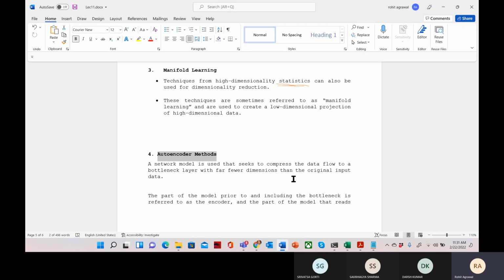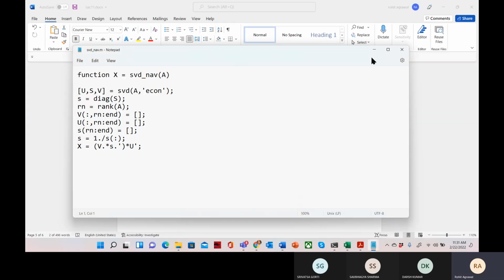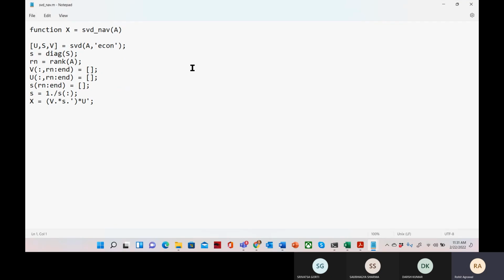Anything else you want to ask? If you want to see the SVD code itself, you can see this is a matrix. Use SVD. Using SVD we find three matrices, U, S, V. S is the diagonal matrix, so we have just taken the diagonal entries.